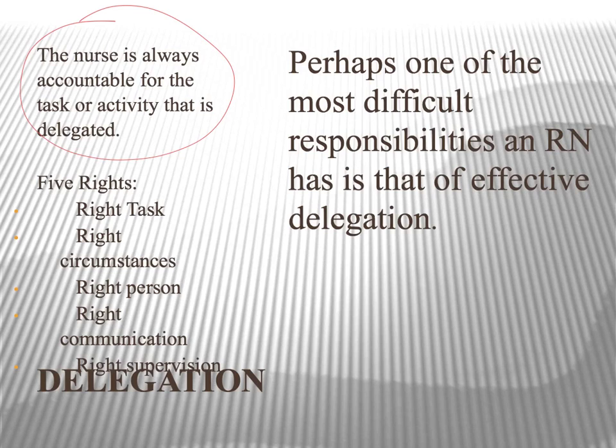Once we delegate the task and it is performed, it's up to the nurse to follow up, make sure the task was performed, and look at the result of the blood pressure. It's the nurse's job to follow up on that.